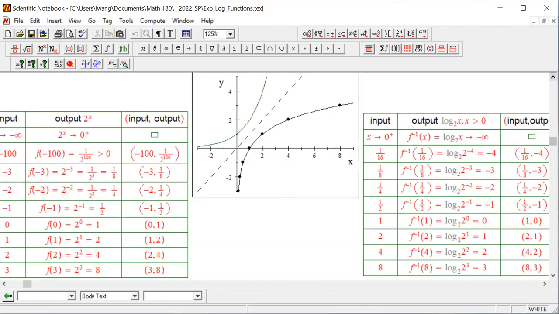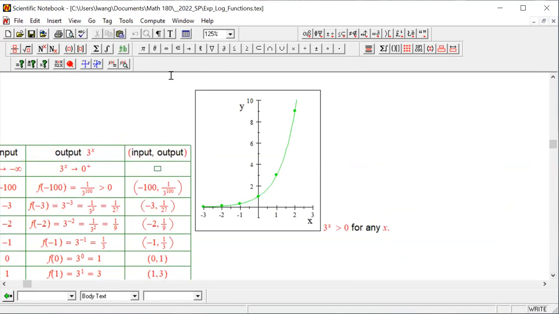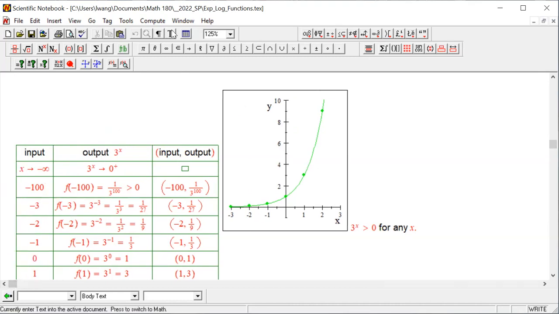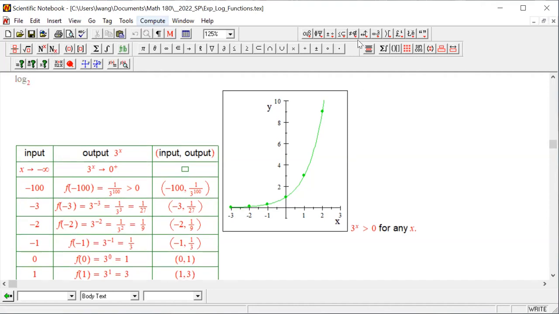The relationship between the exponential and logarithm functions, if you recall, is that log base 2 of omega equals triangle if and only if 2 to the power of triangle equals omega.